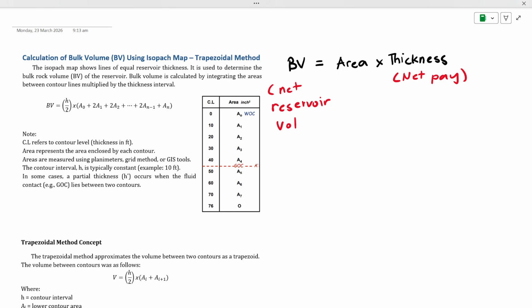It is not just a bulk volume, but it is a net reservoir volume.